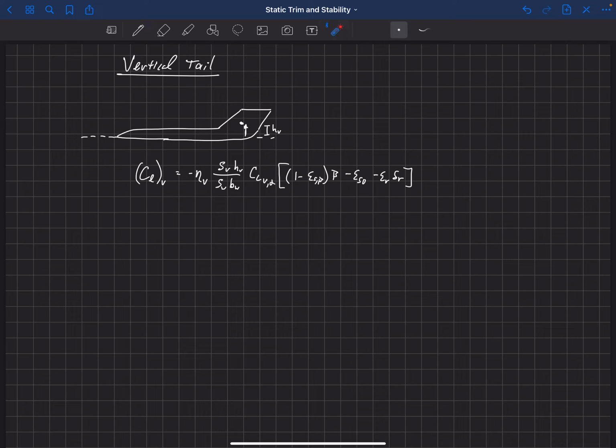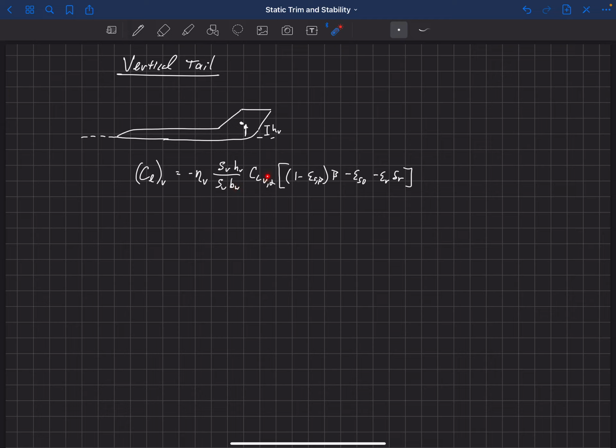And we can talk about the components of this really quickly. So this is the ratio of the dynamic pressures from the main wing to the vertical tail. Then we've got the area and the height divided by SWBW. That's because we've non-dimensionalized the rolling moment on the entire aircraft by using the area of the main wing and the span of the main wing.